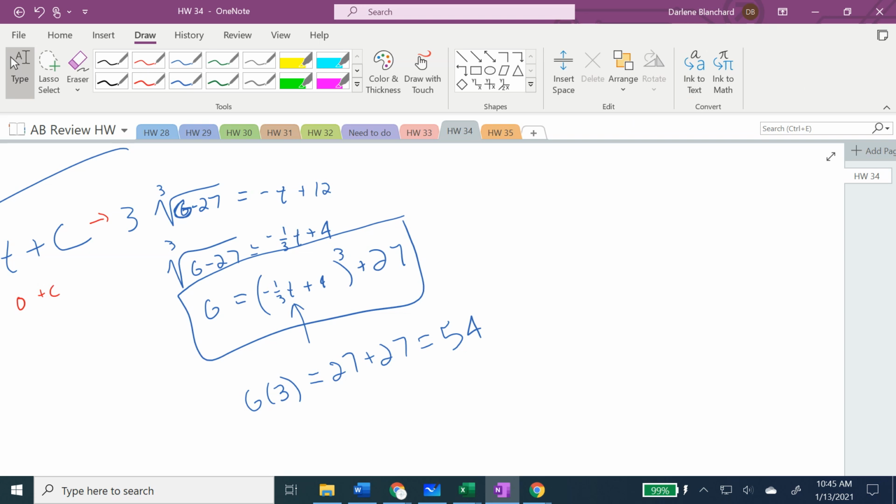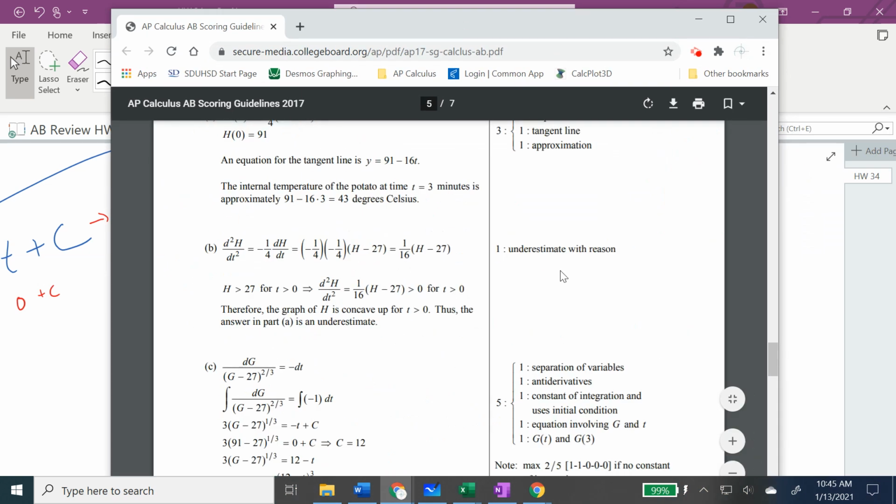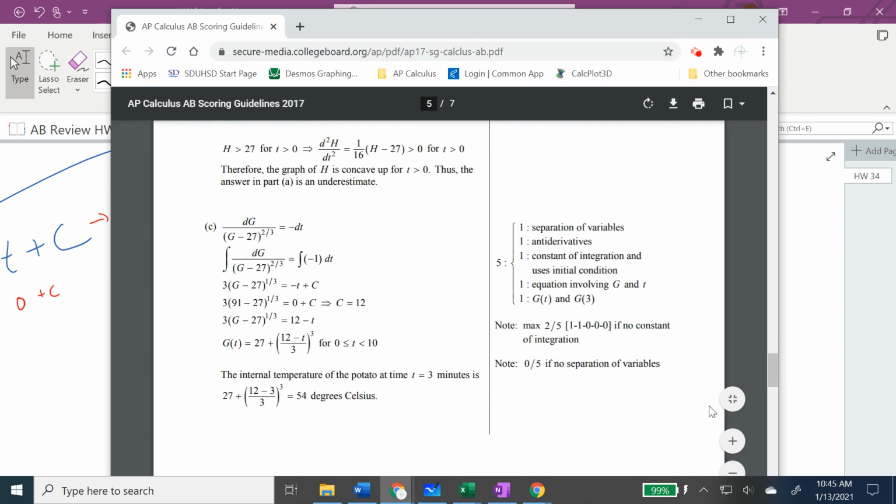And there we go, 54 degrees Celsius. And that part was worth 5 points. You can see it right there. And we are running out of time, so I'm going to stop.